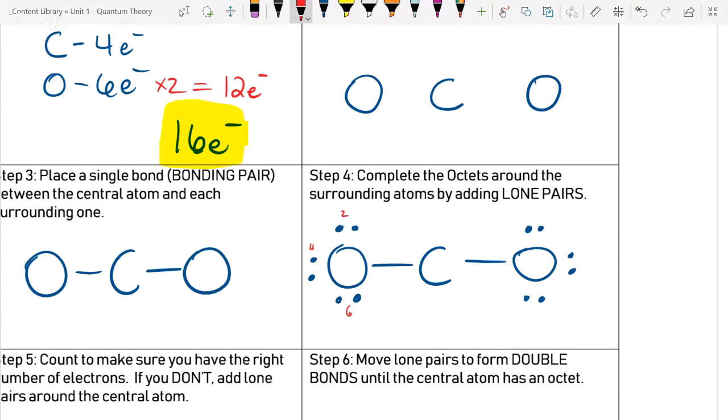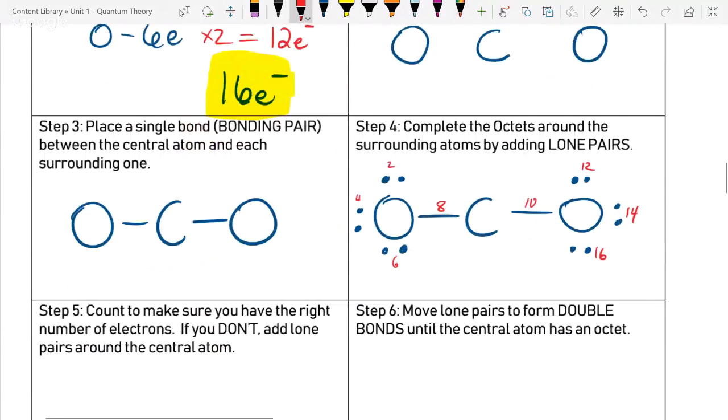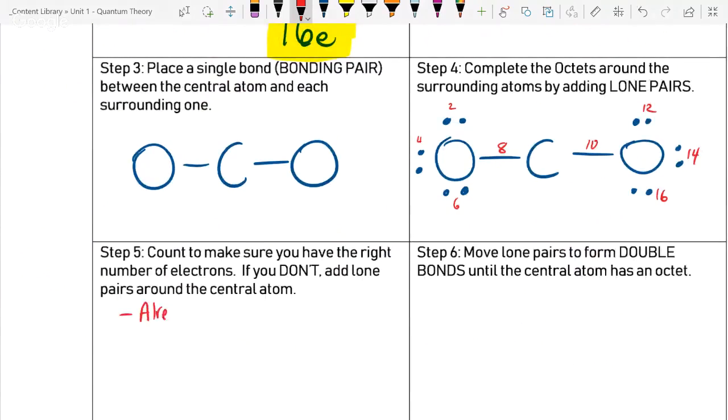What's this count for again? So 8. This counts for 2, bringing us to 10, 12, 14, 16. So do I have any more electrons to give this? Okay, so we are already at 16. So there's no more electrons to give.